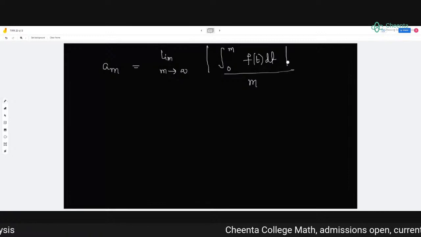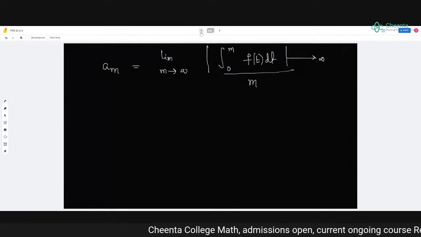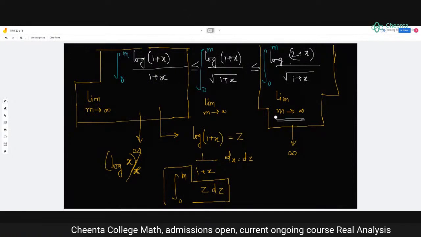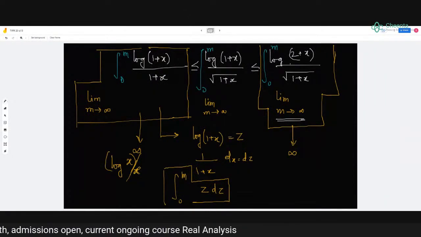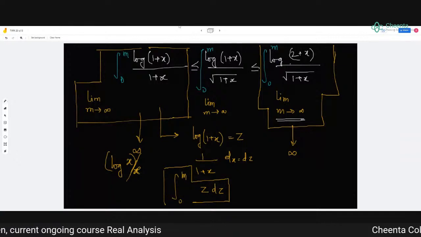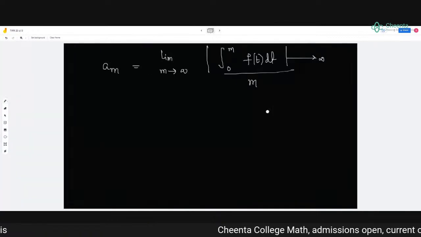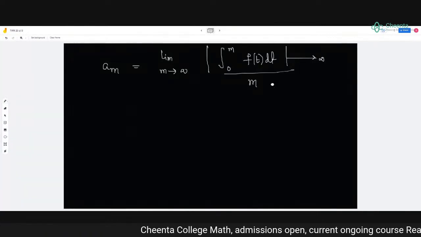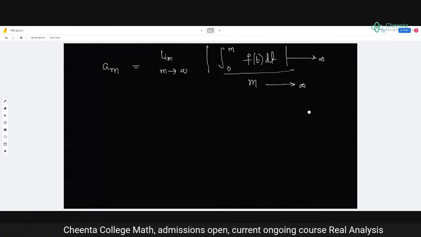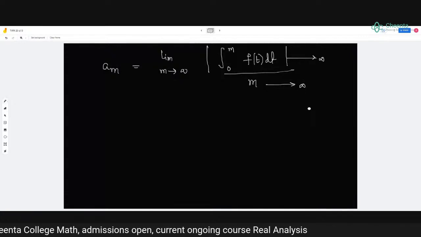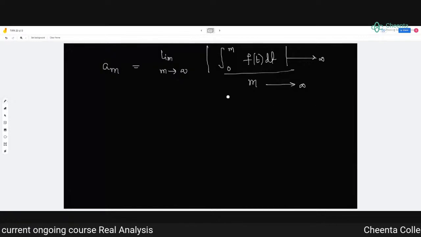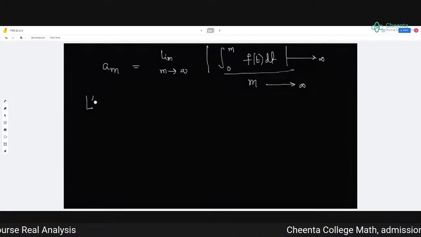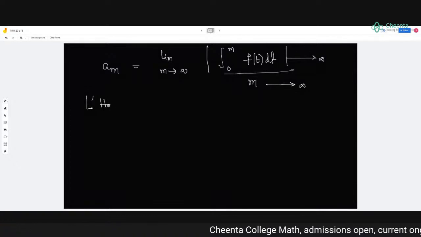The numerator tends to infinity by this inequality that we have just shown. So the moment the numerator goes to infinity, the denominator also goes to infinity as m tends to infinity. All right, so that means I have the infinity by infinity form, hence I can actually use the L'Hospital rule.